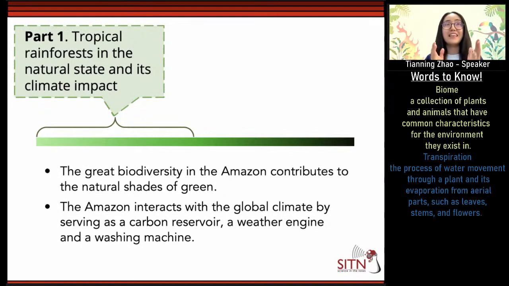It is going to be extremely intense in the tropical region, but in the Boston area, I don't know, maybe we will have even less heat because the tropical region is not functioning as this weather engine and pumping all the water vapor, together with the latent heat stored in that water vapor, to other parts of the world.